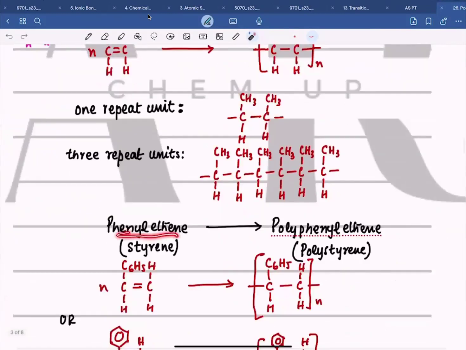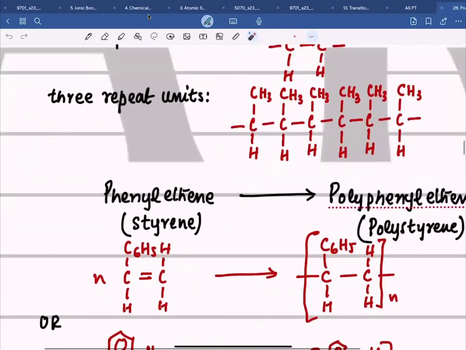Okay, now phenylethene, that is called styrene as well. When it forms a polymer, we do the same thing. We just put a poly before it, polyphenylethene or polystyrene. So it has this structure. A carbon has a C6H5 group. We keep that group as it is, just turn the double bond into a single bond and keep the empty bonds on both sides.